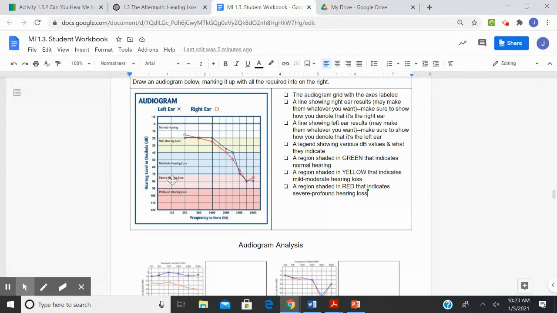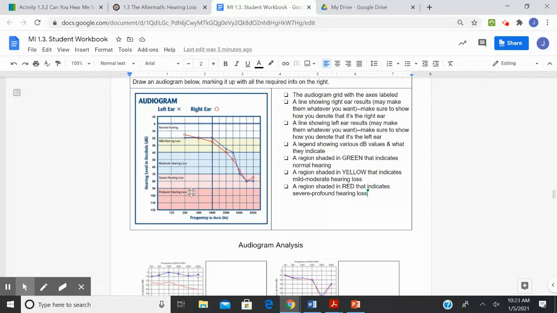Severe hearing loss is between 70 and 90, and here you can see that's where they are for the highest frequency. Profound hearing loss has to be blaring at almost dangerous levels. Anything above 85 can do damage. In this case, someone would have to make it damaging-level loud in order to hear it.